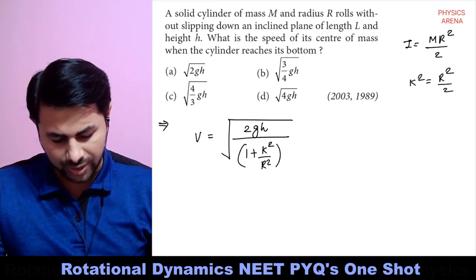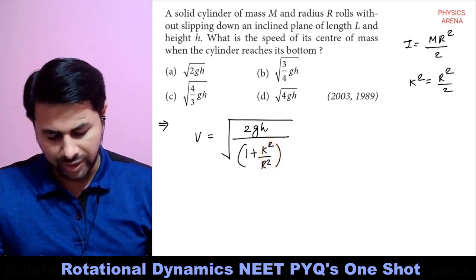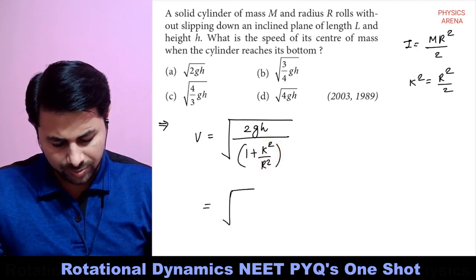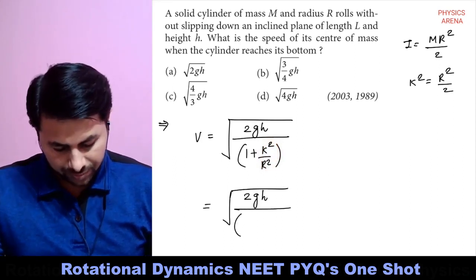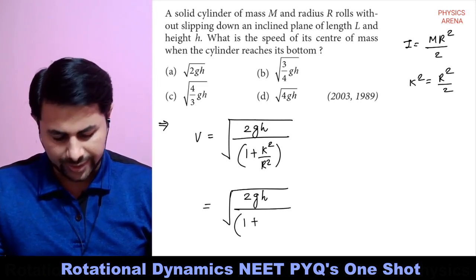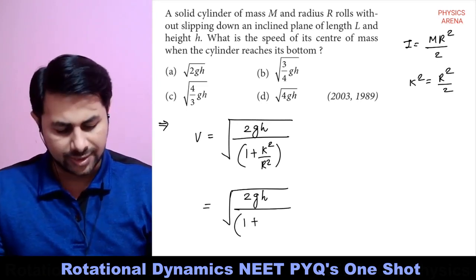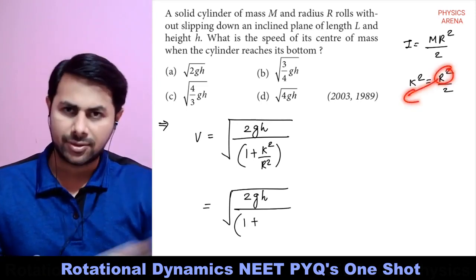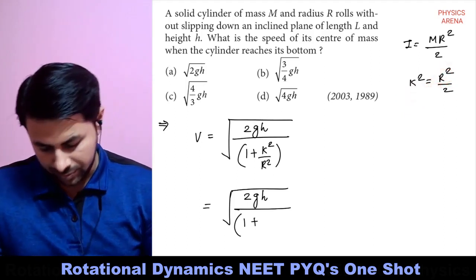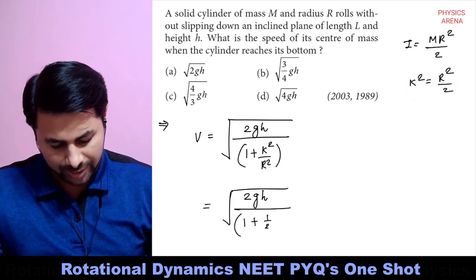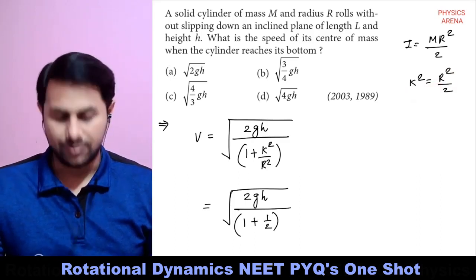So we can put that over here. So what do we get? We get square root of 2gh divided by 1 plus k square upon r square. If you take that r square on this side, k square upon r square is 1 by 2. So it is 1 plus 1 by 2, that is 3 by 2.